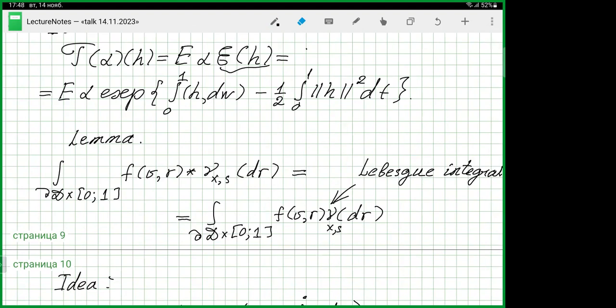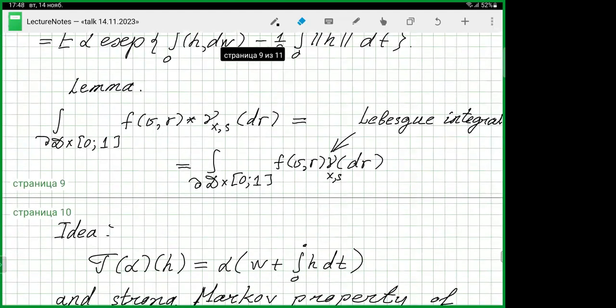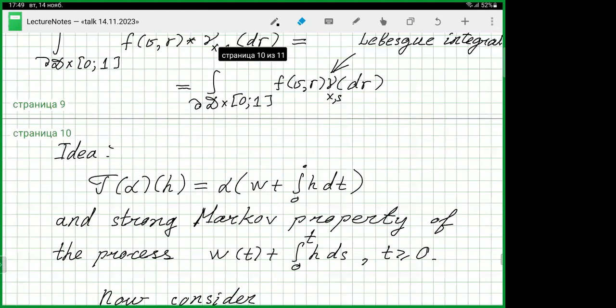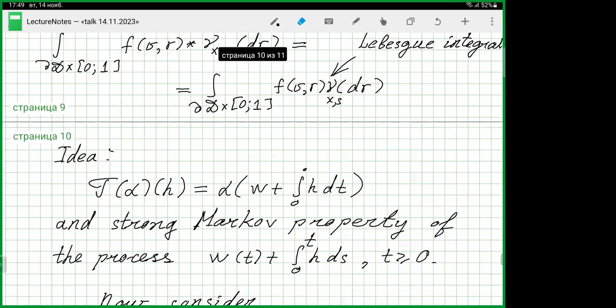So our Fourier-Wiener transform is just the expectation of the shifted random variable. And then one can consider instead of W such a random process, and of course it has the strong Markov property too, because h is deterministic. So we can use the strong Markov property and get the desired formula.